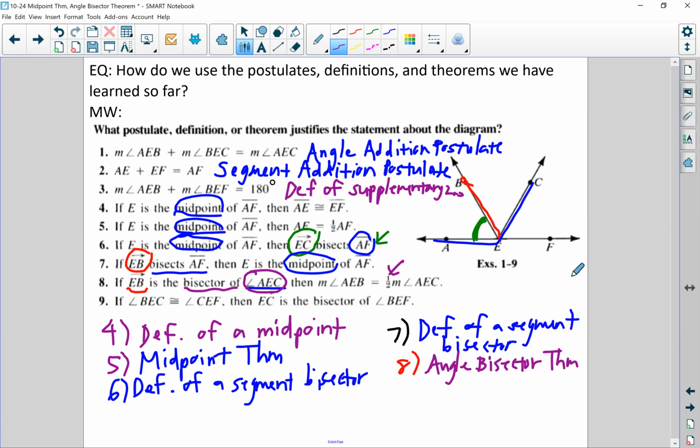And then we have one more to go. Let's clean up the diagram again, and we'll do one last one. Okay. So let's mark it up in blue. It says if BEC, this angle here, is congruent to CEF, this angle we're going to mark here.